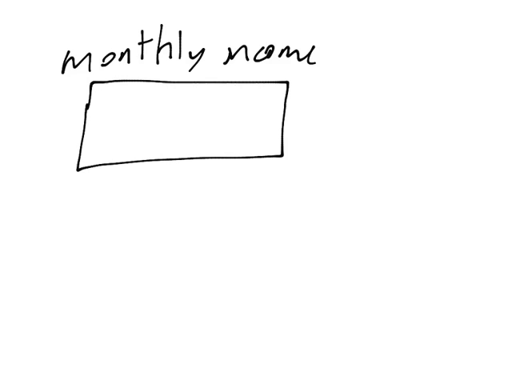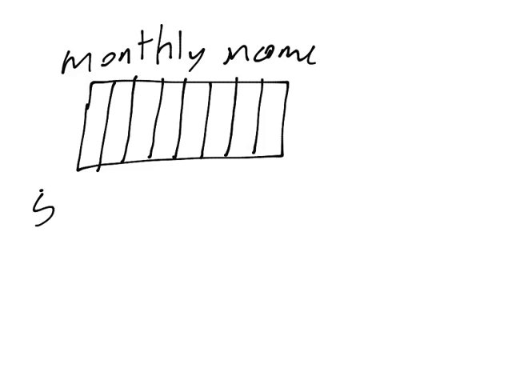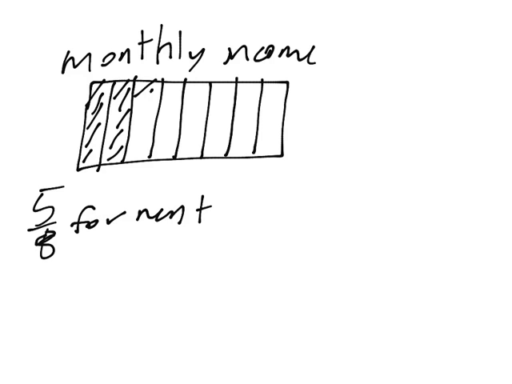But this time, when I shade 5/8 for rent, I'm going to make 8 equal-sized strips. And we'll see in just a second why it sort of matters. So here's my 1, 2, 3, 4, 5. There's my 5 out of 8.